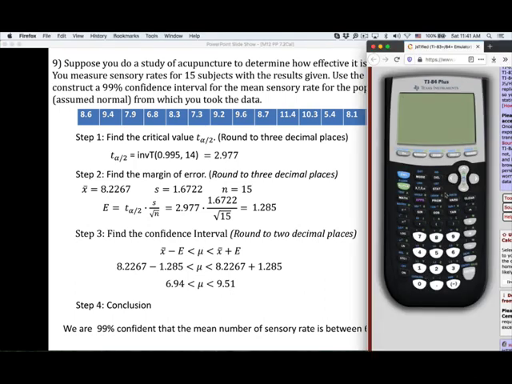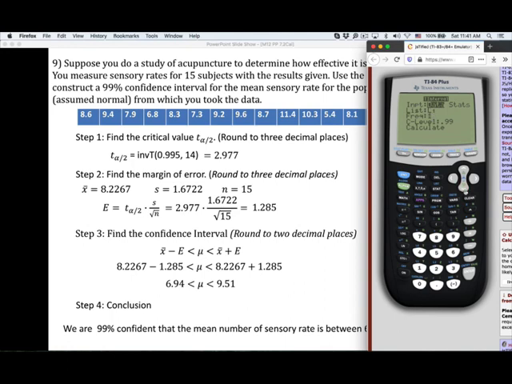Okay, check your work with the calculator. So for this one, they give us the data set instead of the statistics summary. I already have the data set in L1. Now I'm gonna click STAT, go to TEST, go to T-Interval. We are working on the t distribution confidence interval. I will choose Data here, because we have the data. My data set is in L1, so I keep it as L1.